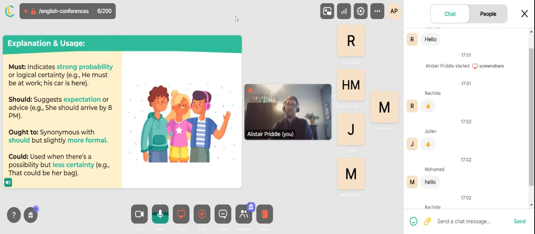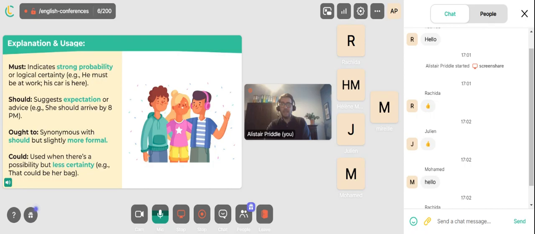Explanation and usage. Must indicates strong probability or logical certainty. He must be at work. His car is here. This is a logical certainty.